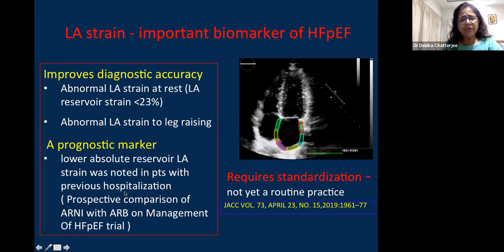This was published in the prospective comparison of ARNI with ARB on management of HFpEF trial. However, this is the way we do the LA strain, but this requires standardization. It's not yet in routine practice, but you must know.